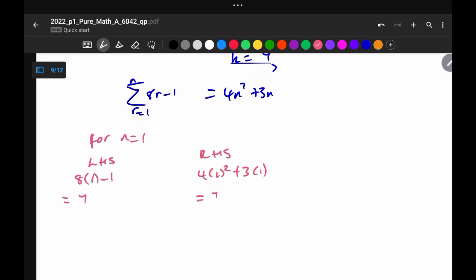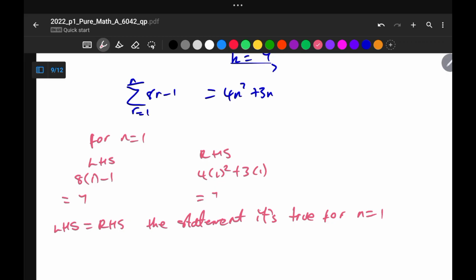So the left hand side is equal to the right hand side. Therefore, the statement is true for n is equal to 1.